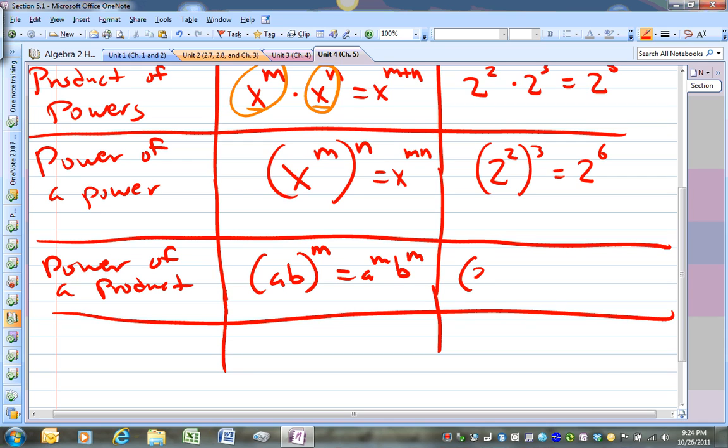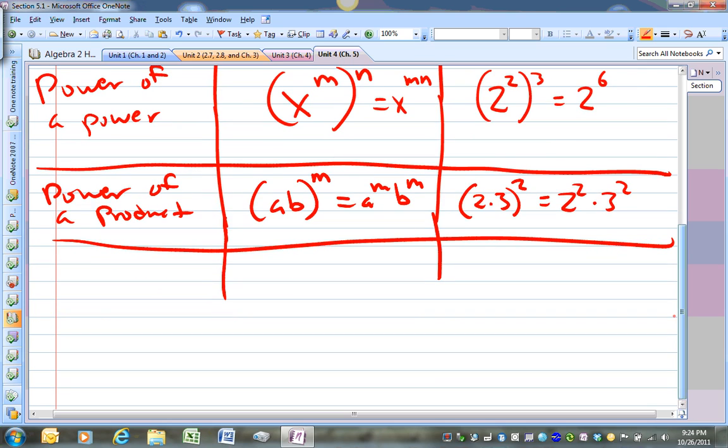So for example, if I had 2 times 3 raised to the 2 power, it's the same thing as saying 2 squared times 3 squared, which of course would be 36 if you worked it out. Also 2 times 3 is 6, 6 squared, you do get the same thing. That's also 36. So you know it works.